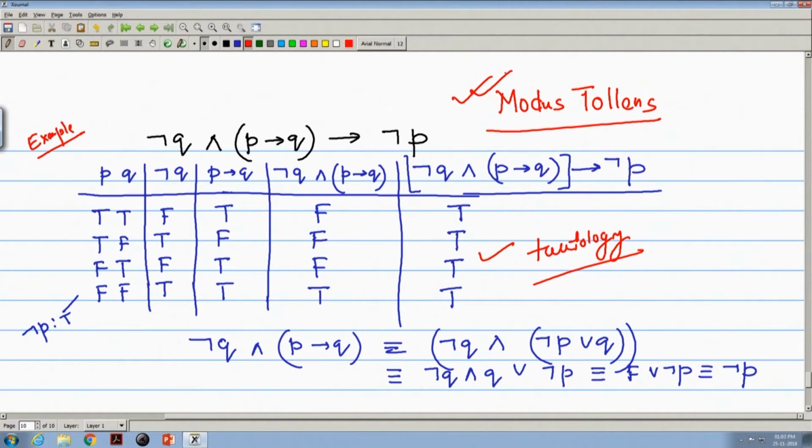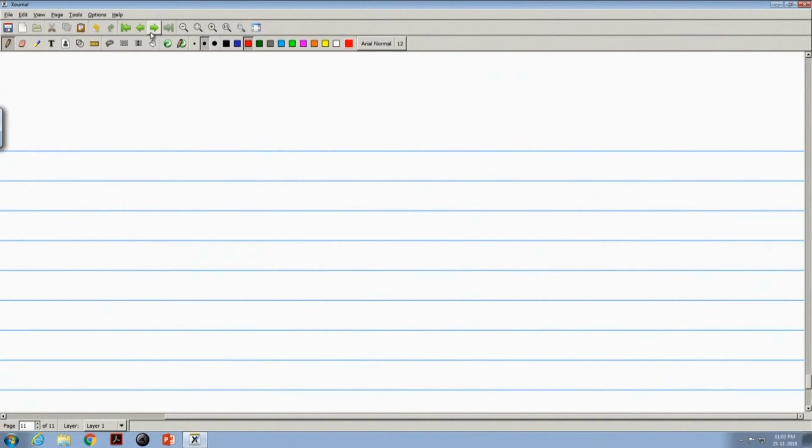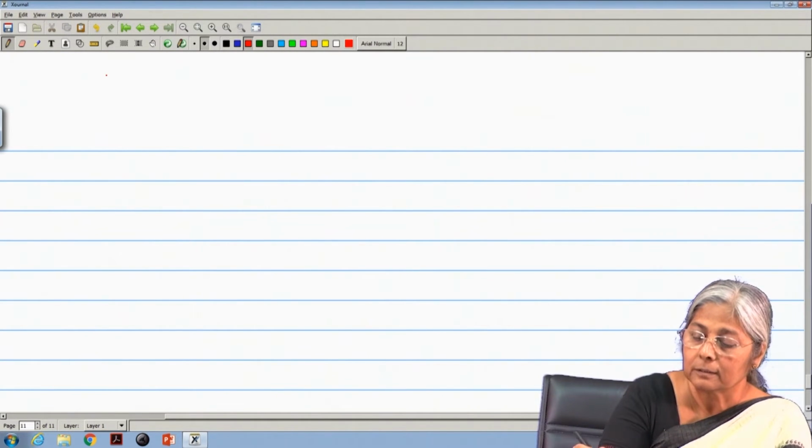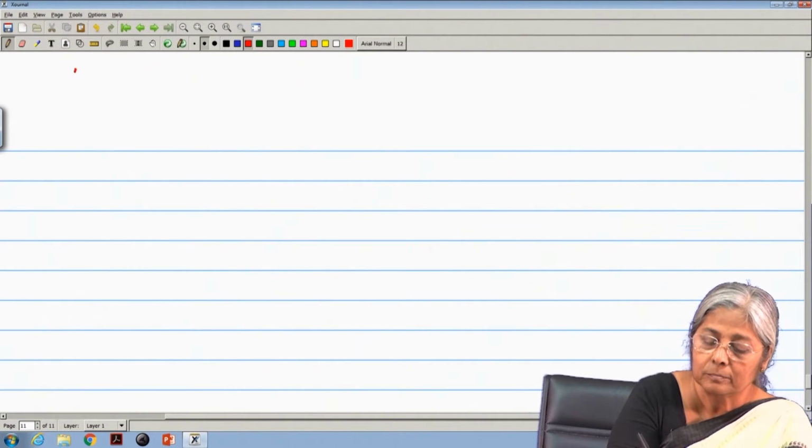Now, we enlist these rules. How many such rules are there? So, we take the rules of inference.